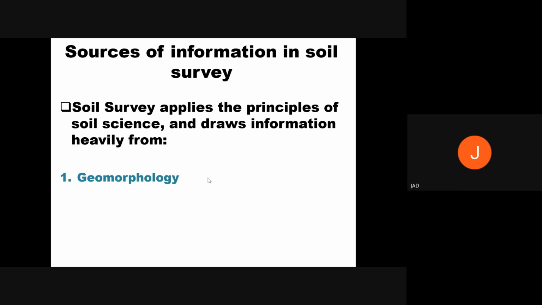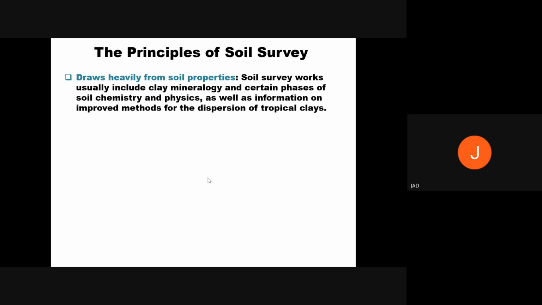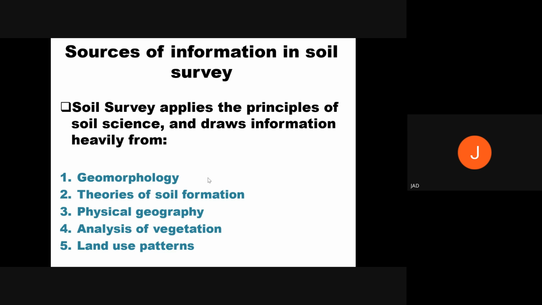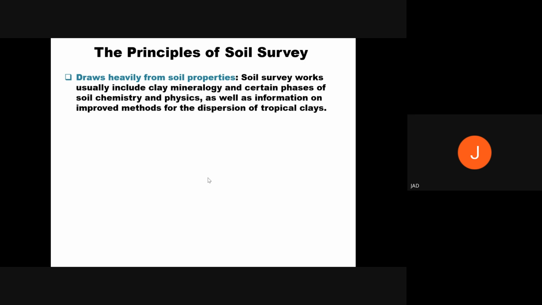Geomorphology, theories of soil formation, physical geography, analysis of vegetation, and land use patterns. Then another thing is that let's look at the principles of soil survey and draws heavily from soil property. One of the things that is the backbone of soil survey is that it relies so much on soil property.